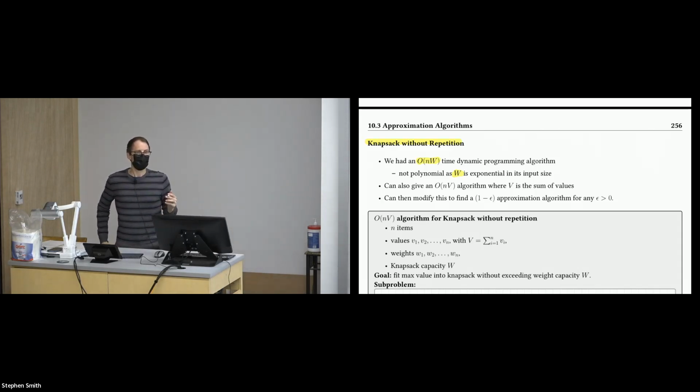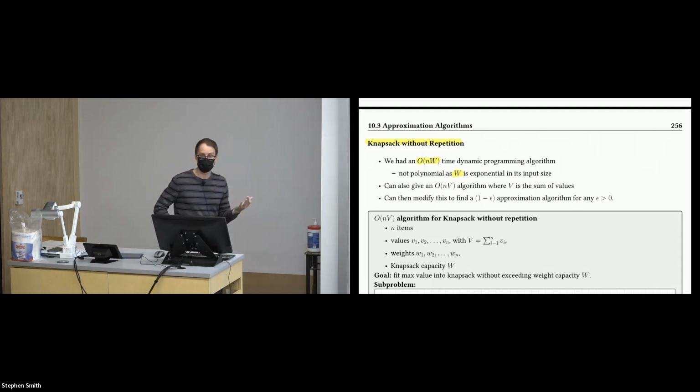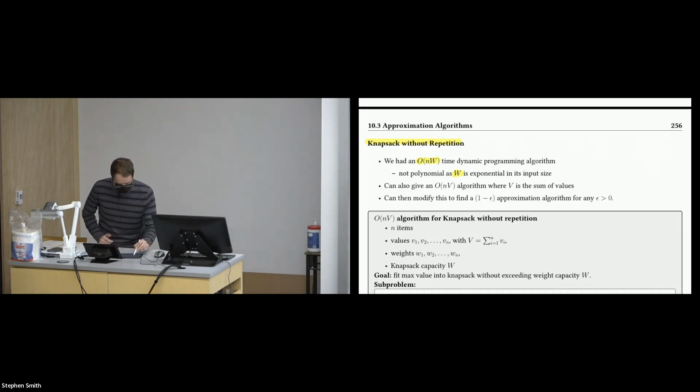But we can now create a modified approximation algorithm that will come very close to optimally solving knapsack without repetition. For it, I first have to give you, very quickly, an alternate dynamic programming algorithm.